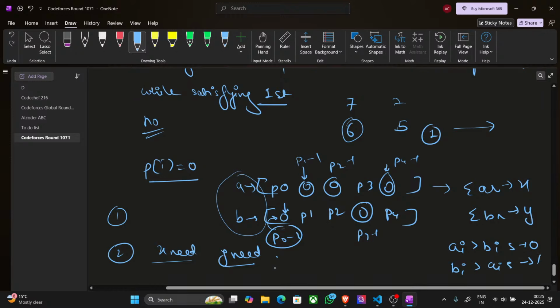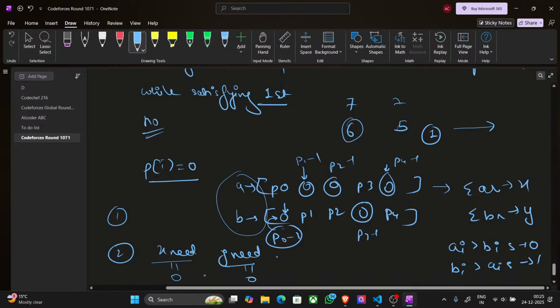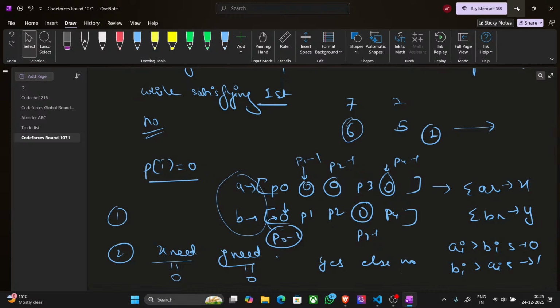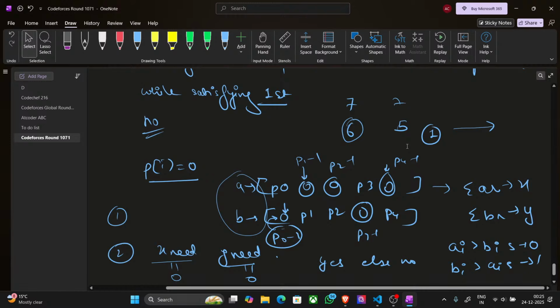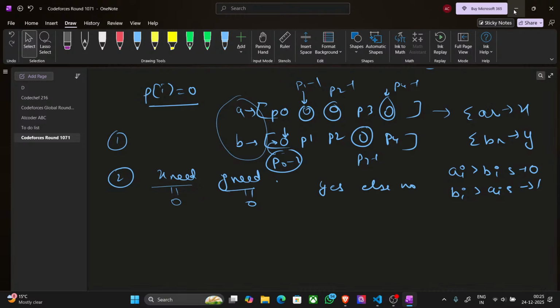And then you can just output if both of them get 0. If both of them get 0 or this condition is true, then you can output yes, else no. So you can do this also. It will take two iterations, a little lengthy code for this. You should try this particular approach, and then you can come back and ask if there is any doubt or it is failing somewhere.